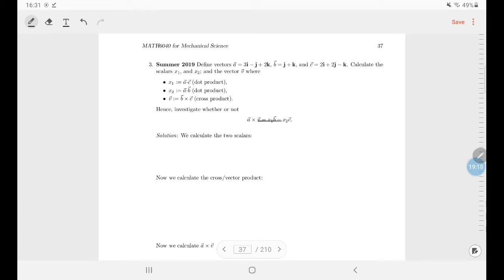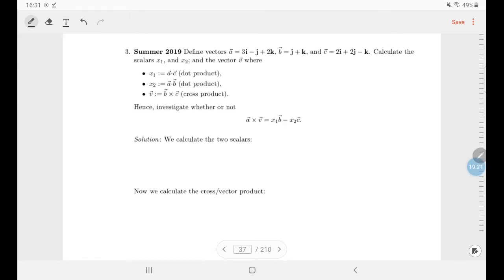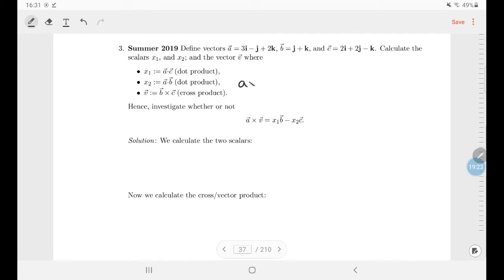So if you write what this is out, you get A cross V is B cross C. Now you do actually have to put in the brackets here, because if I do A cross B first, it's different. So now I've got a scalar by a vector, a number, and the order of multiplication doesn't matter.